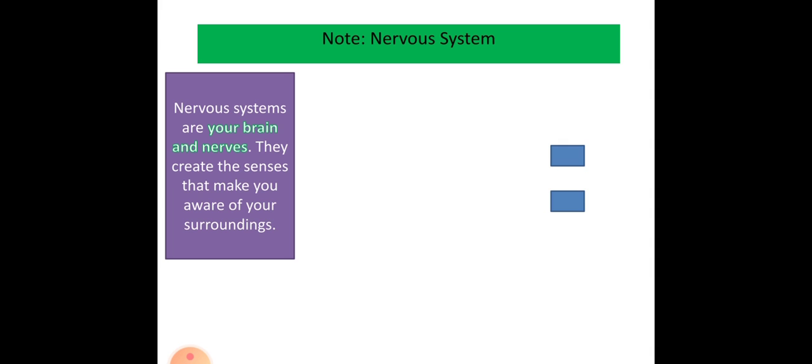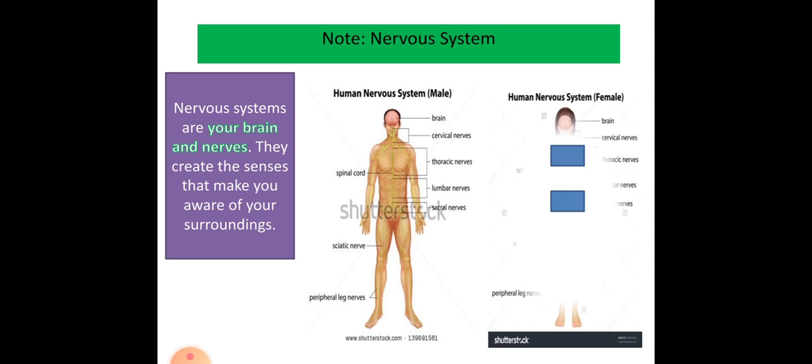Note, nervous system. So an animal is so different from a plant. So all animals have a nervous system. So what is the nervous system? So the nervous system is your brain and nerves that create the senses that make you aware of your surroundings. So yes, that is a nervous system.